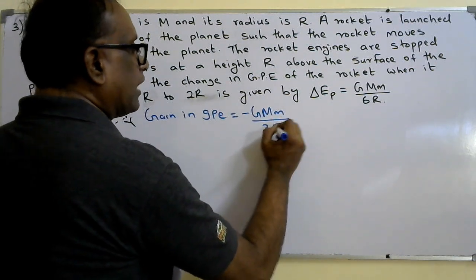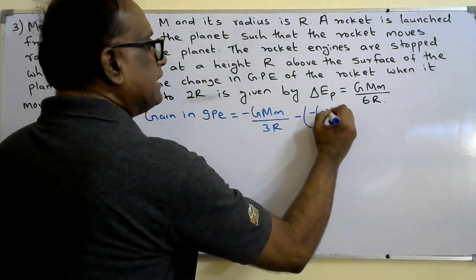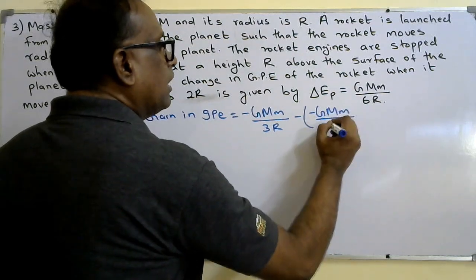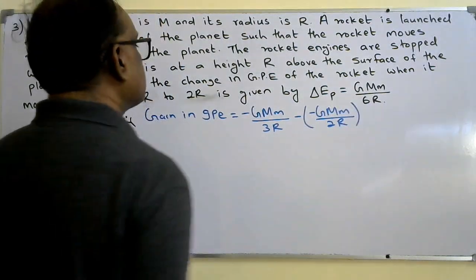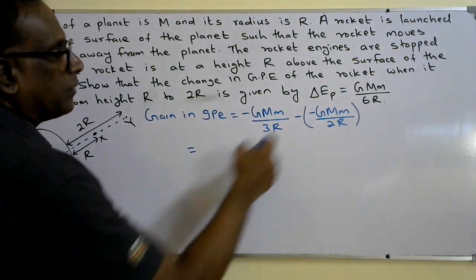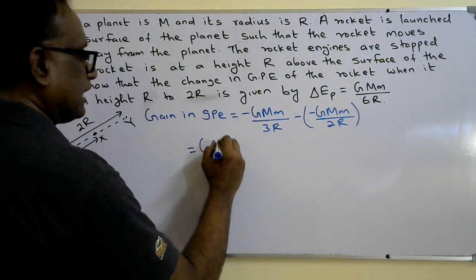That's all, nothing, just solve it. So that's going to be minus into minus plus, GMm over 2R minus GMm over 3R.